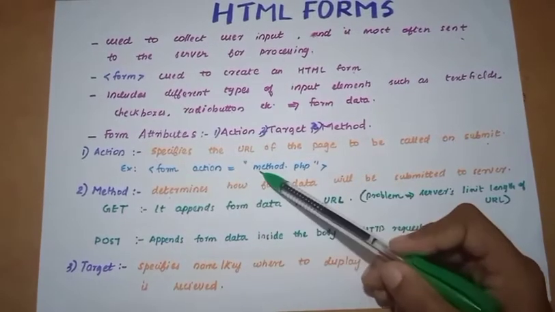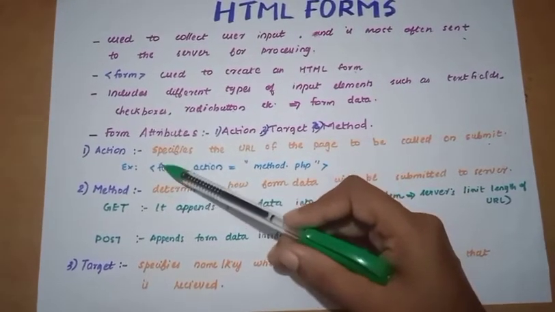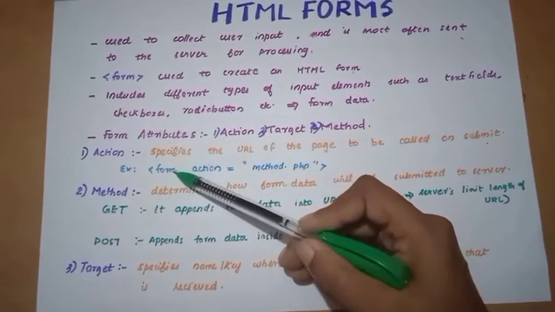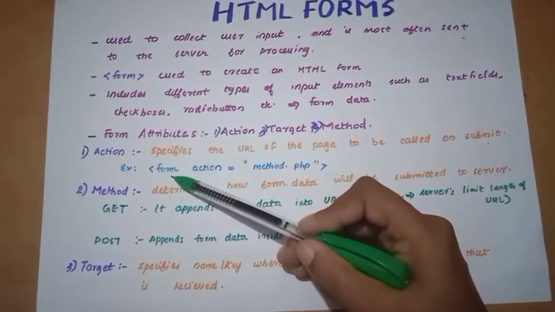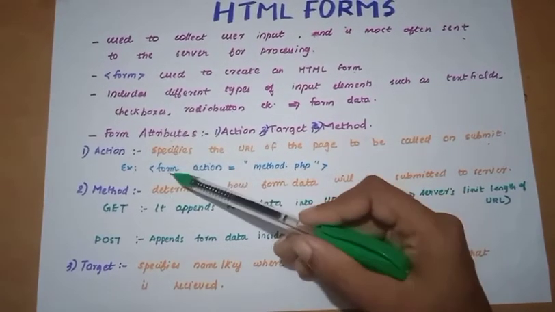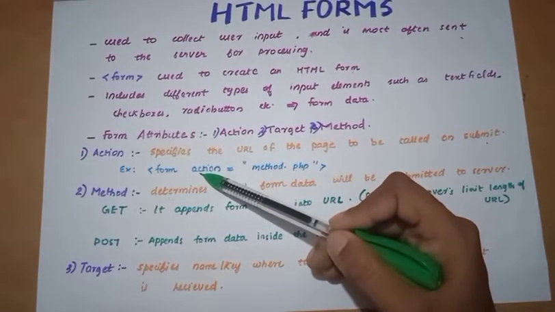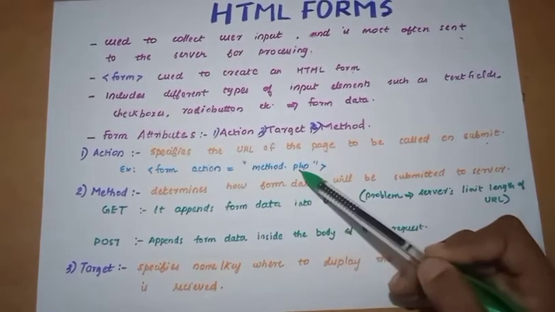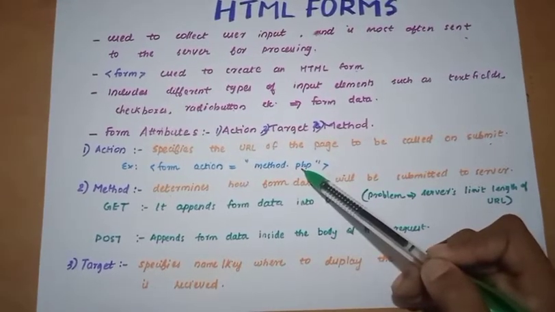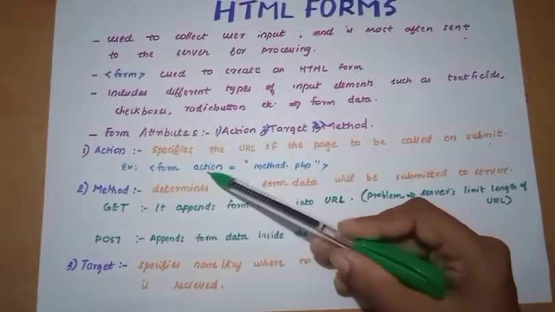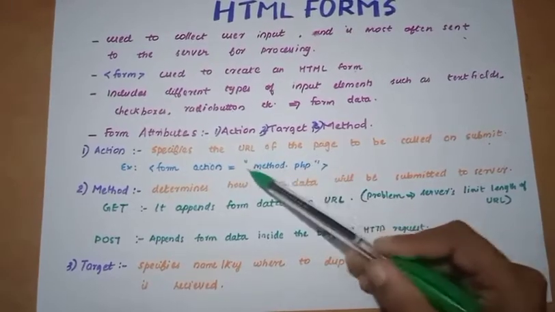So this is the format: form is our first or starting tag. We write that, and inside it we specify which page our form data should be sent to when the user submits it. That is defined using action equal to some page.